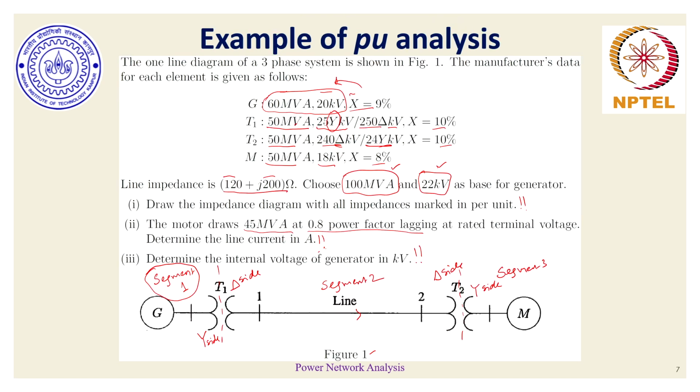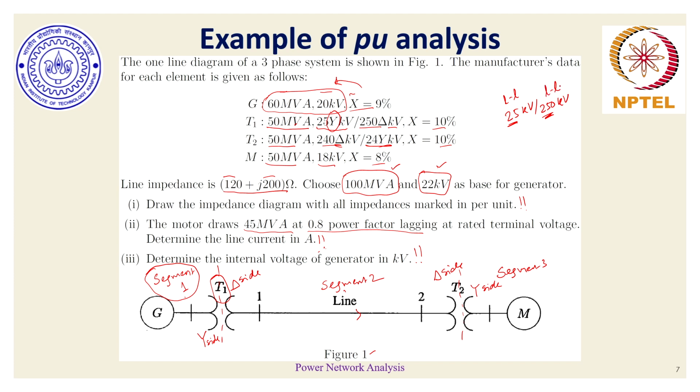Between segment 1 and segment 2, we have transformer T1 whose line-to-line voltage ratio is given as 25 kV by 250 kV. That means if the primary side is operating at 25 kV, 250 kV would be the voltage on the secondary side. Irrespective of whether it is star or delta, we focus only on the line-to-line quantities here.